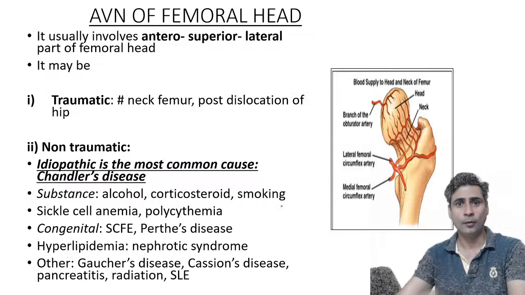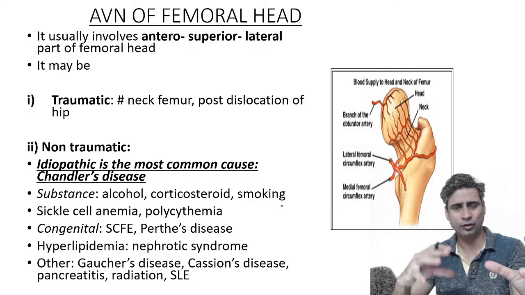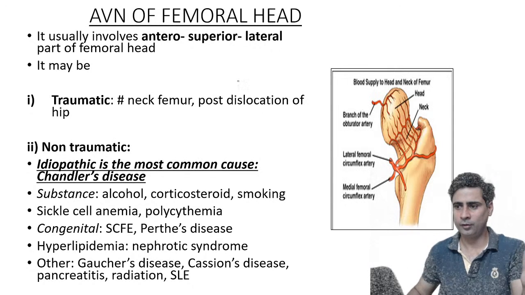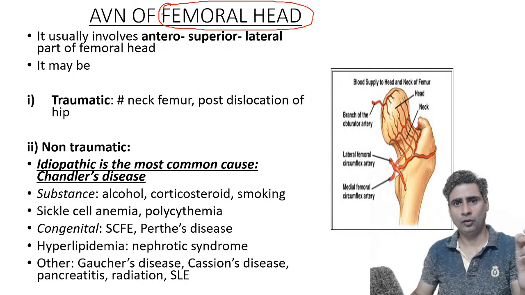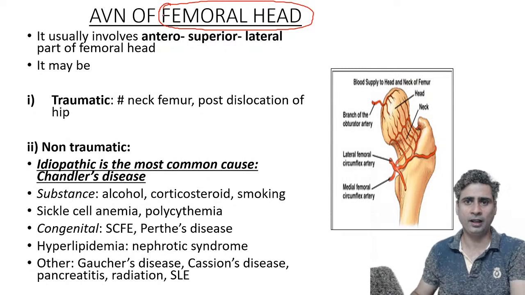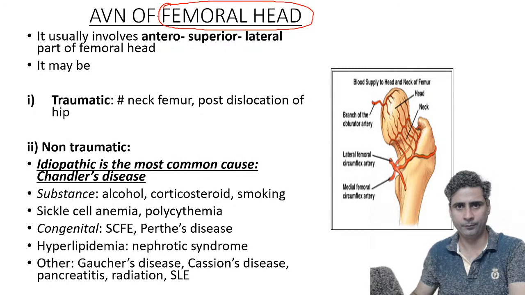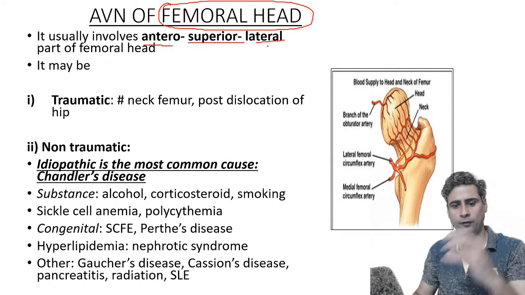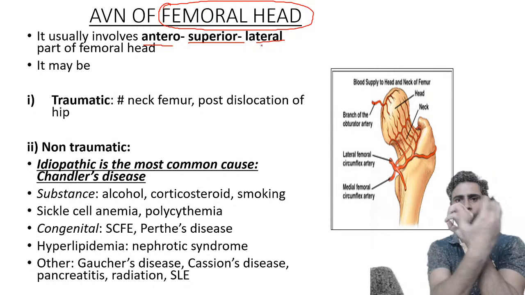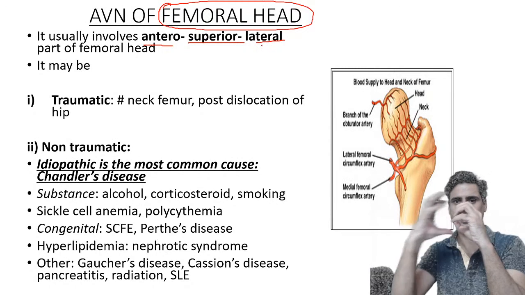Now overall, the most important site for avascular necrosis or osteonecrosis is the femoral head. That is infarction or necrosis of the femoral head due to defective blood supply. It usually involves the anterior, superior and lateral part of the head. Imagine this is the head, this is the lateral part, this is the acetabulum, this will be the medial part.